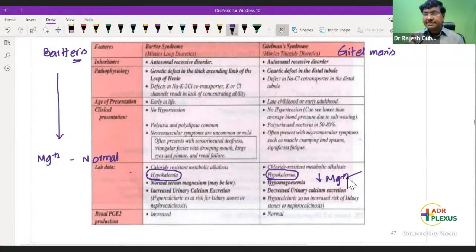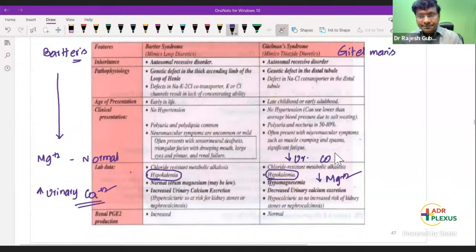And the other method is by your urinary calcium excretion. There is increased urinary calcium excretion in Bartter's, and there is decreased urinary calcium in case of Gitelman's, right?